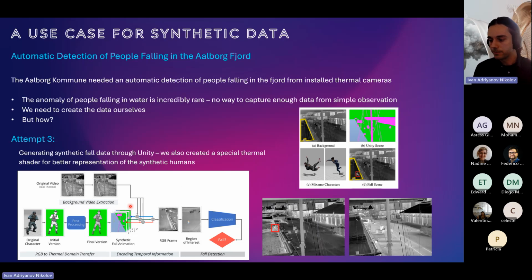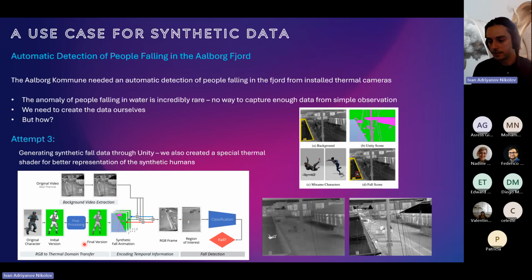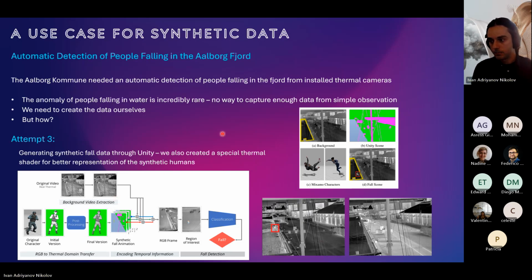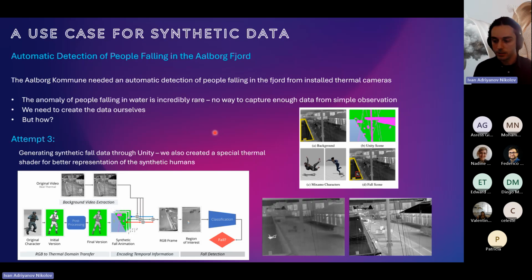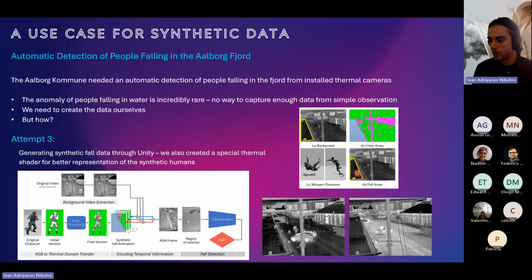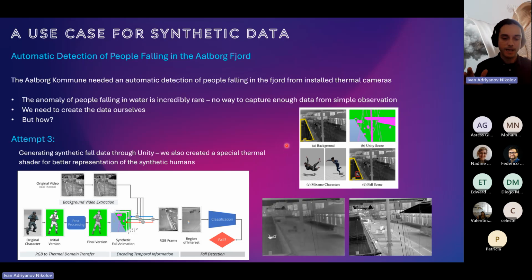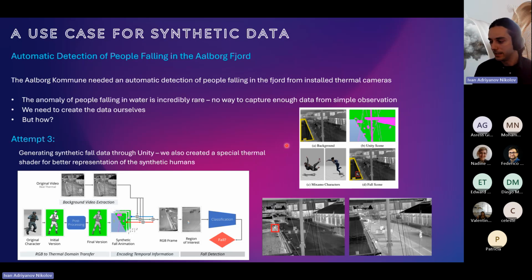The interesting part of this paper was that we had to create a quite novel solution, a thermal shader that we can apply to the dummies so they can fit much more nicely with the environment, and we would not end up with a gap between the synthetic and the real data.